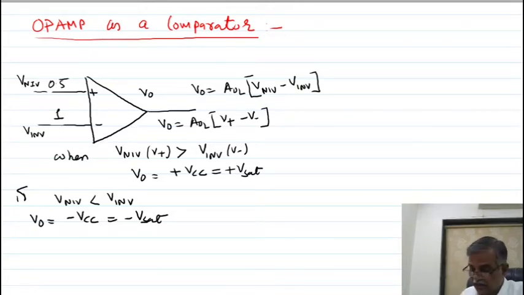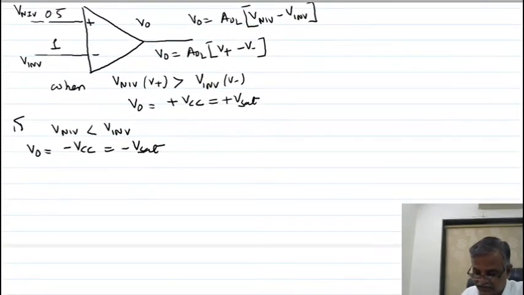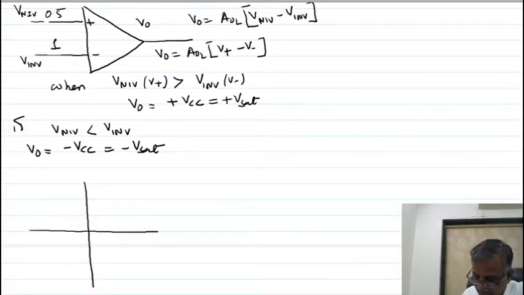Now, I am showing you the ideal transfer characteristics of an op-amp. In an op-amp comparator, the input signal given to one terminal is compared with the reference voltage given to the other terminal.